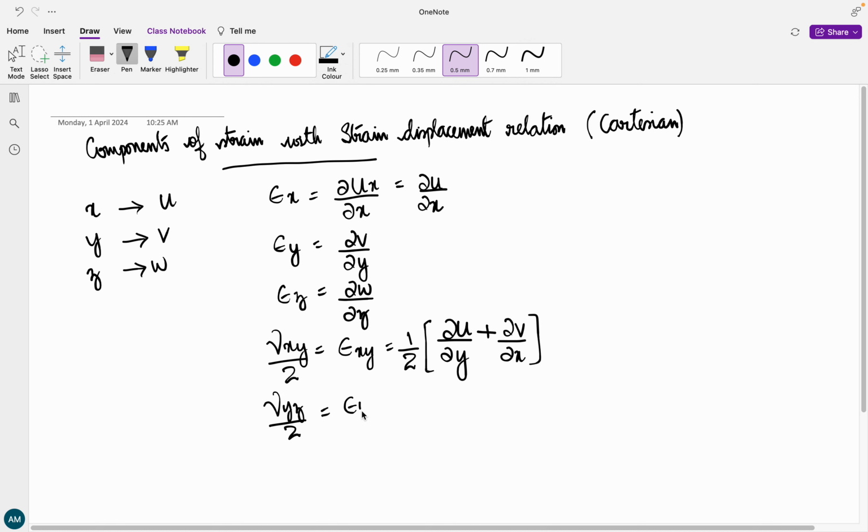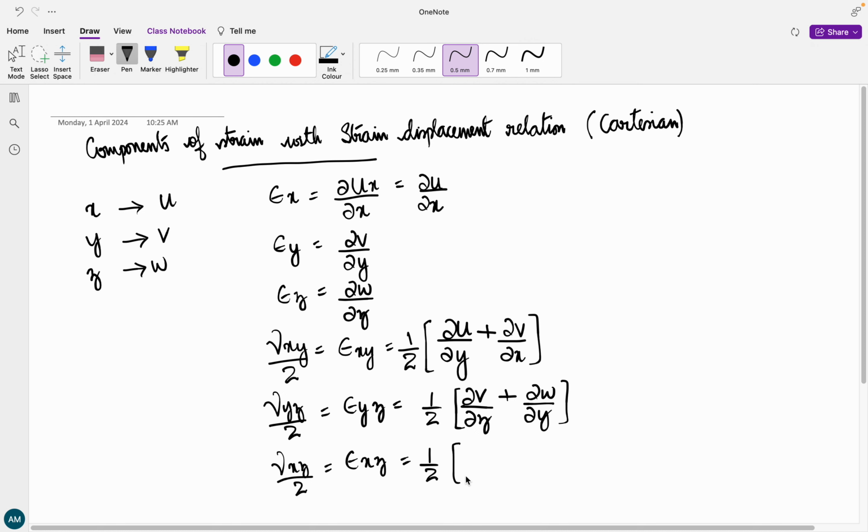Similarly, next is gamma yz divided by 2. That is nothing but epsilon yz is equal to half of, let us first write the numerators, dou v and dou w. Now the denominators, for v I am going to write z, for w I am going to write y. Okay, the last component is gamma xz by 2 or epsilon xz.